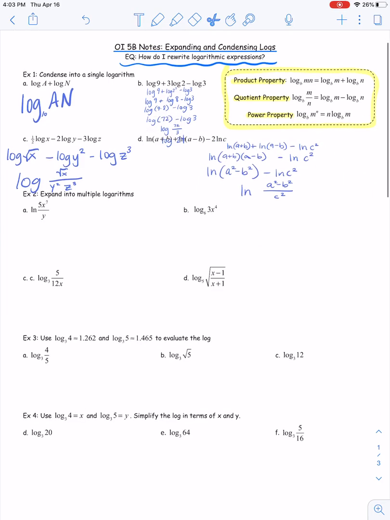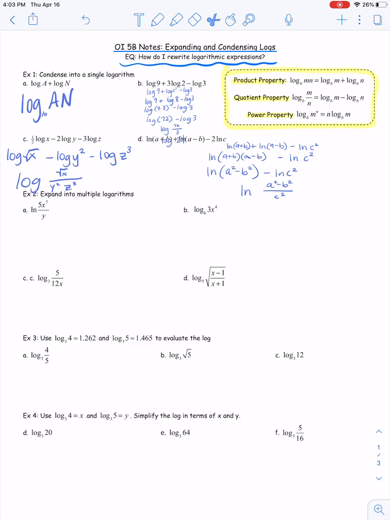Okay, so that's condensing. Expanding obviously is going to be going in the opposite direction. So if I give you something where you see that those two arguments are being multiplied together, like let's say you see a 5 times an x, well then that will tell you, hey, they're being multiplied together, which means I can expand them by saying, oh, well, that would just be the log of 5 plus the log of x.